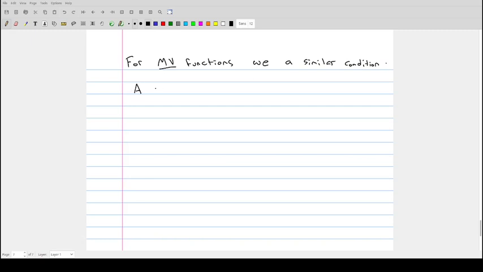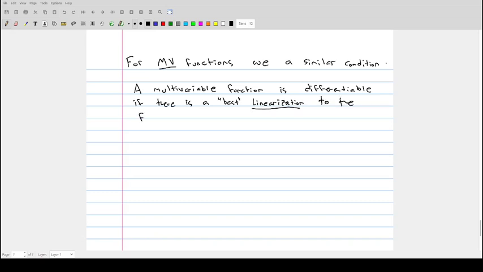We say that a multivariable function is differentiable at a point if there is a best linearization or linear approximation to the function at that point.